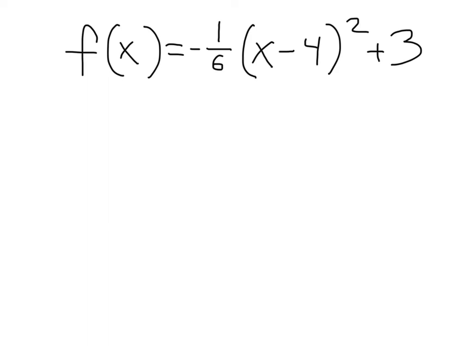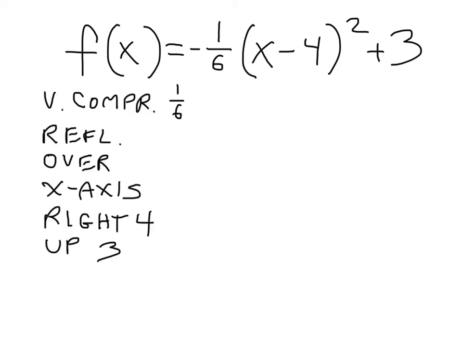Pause the video for a sec and list all of the transformations that you see. Hopefully you saw a vertical compression of 1/6, a reflection over the x-axis, and translations 4 units right and 3 units up.